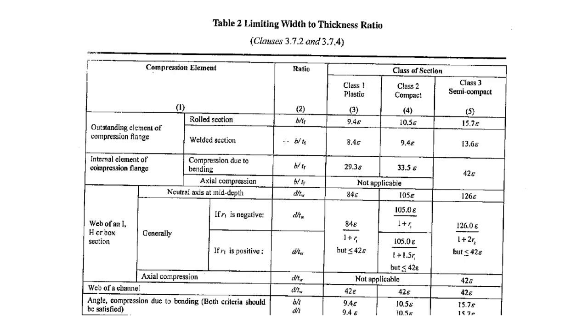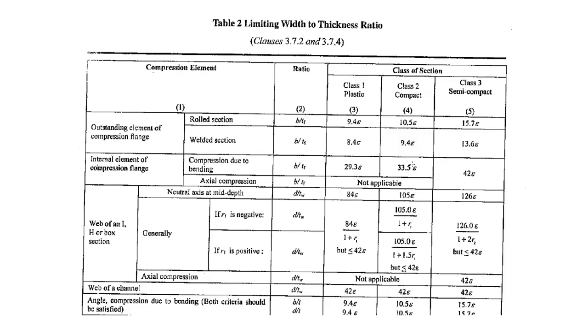And for welded sections we can see the ranges here at the bottom. Similarly, for internal elements of compression flanges, internal elements of a compression member, with compression due to bending: if you observe any bending of the flange section, b by tf should be less than 29.3 times epsilon.